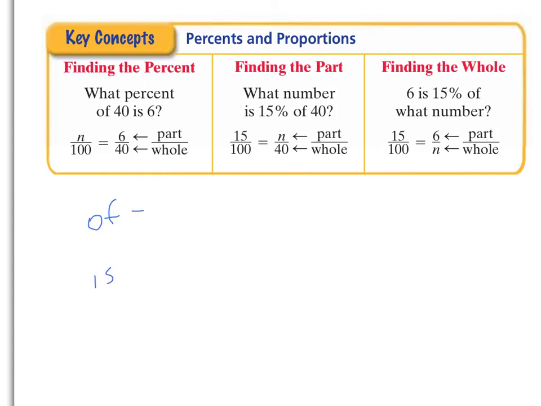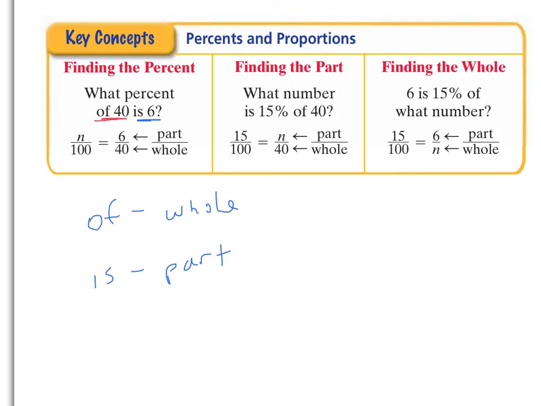The word of usually identifies the whole, and the word is usually identifies the part. So here I have is 6, which would be the part, and here I have of 40, which is the whole.